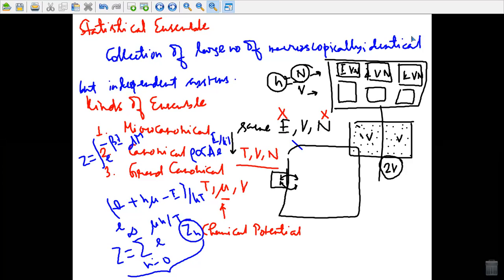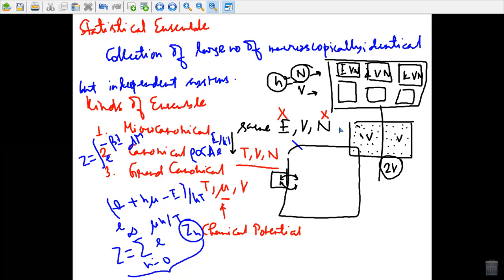A specific choice of ensembles may be thought of as corresponding to a particular physical situation, and the microcanonical ensemble is fundamental and refers to the simple situation in which the constituent systems are isolated and not influenced by any external disturbances, and therefore it is best suited to an isolated system.